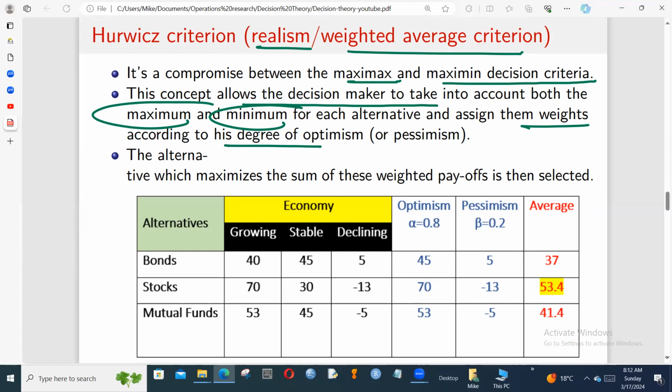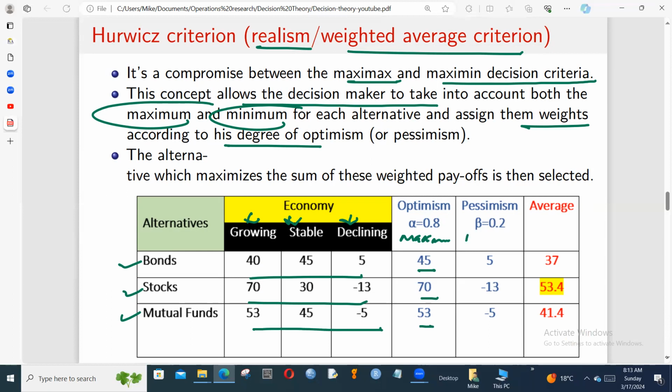Now, what happens is this: once we have a payoff table with the alternatives given and the different states defined, if we are looking at it in the context of Maximax, then under bonds, the best is 45, under stocks, the best is 70, and under mutual funds, the best is 53.